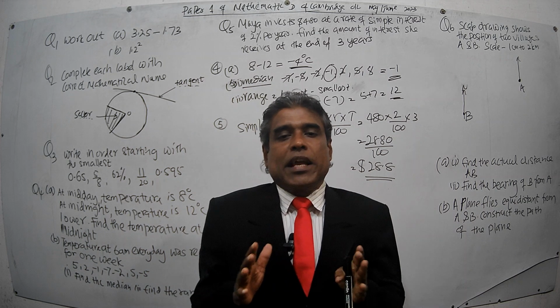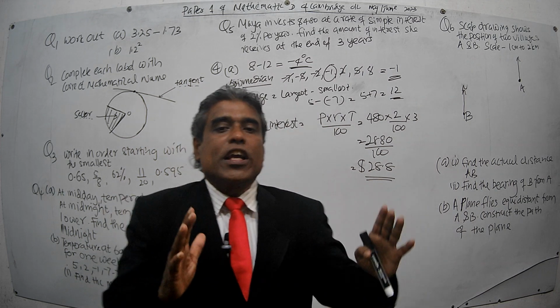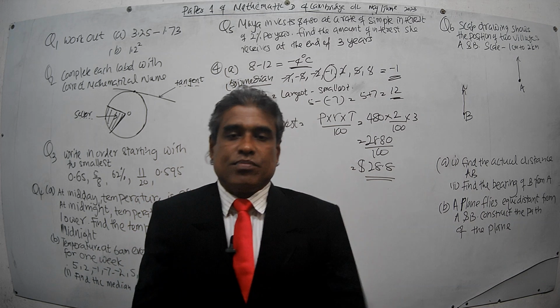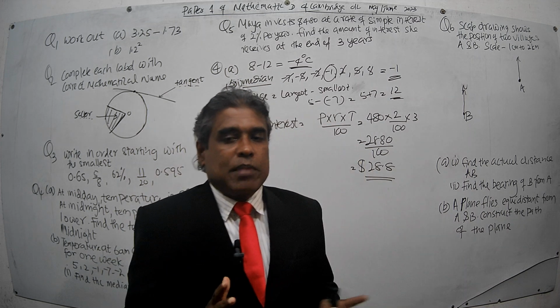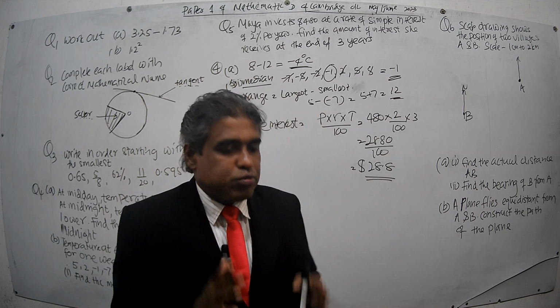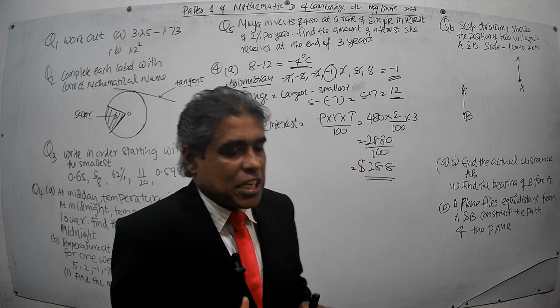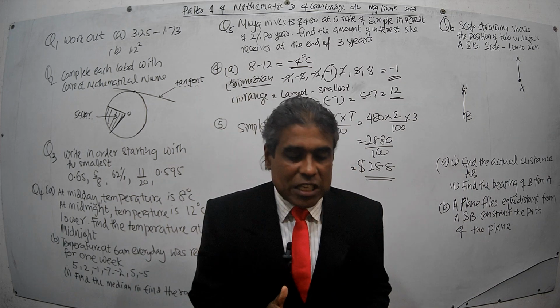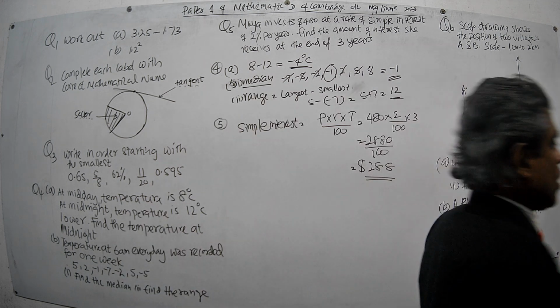If you take 2 centimeters on the map, it shows 4 kilometers. If you take 10 centimeters on the map, it shows 20 kilometers of actual length.